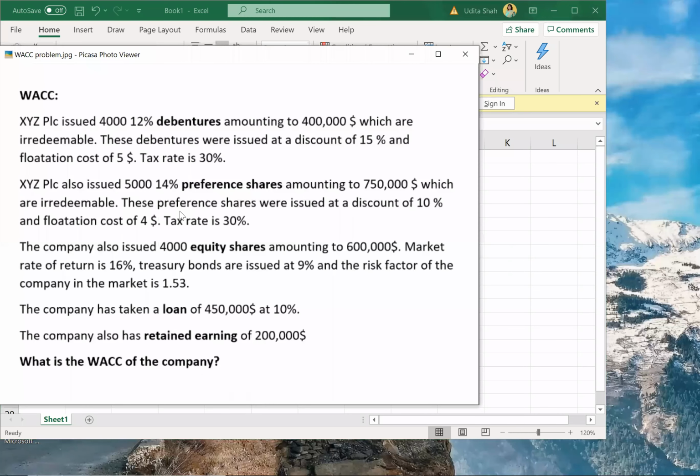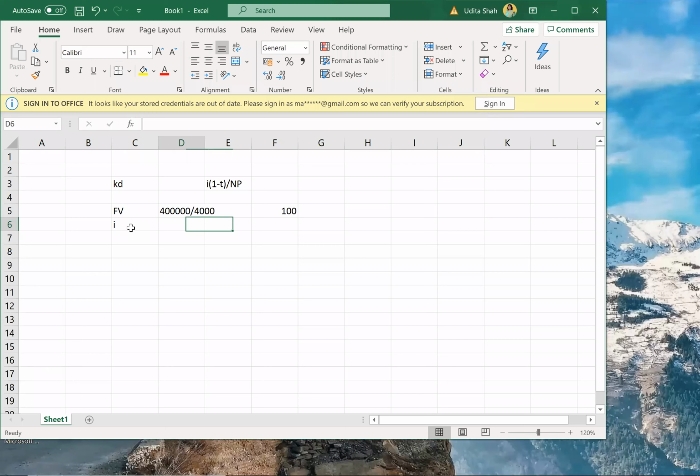Next. These debentures were issued at a discount of 15% and flotation cost of $5. Tax rate is 30%. And what is the debenture interest cost? 4,000 12% debentures. So interest will be 12% of face value. So 12% of 100. So that is $12.